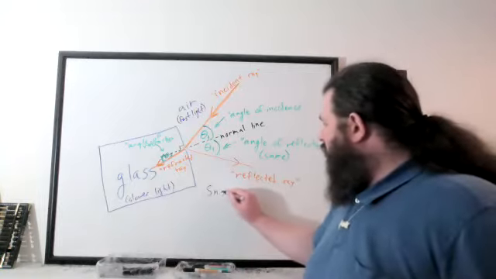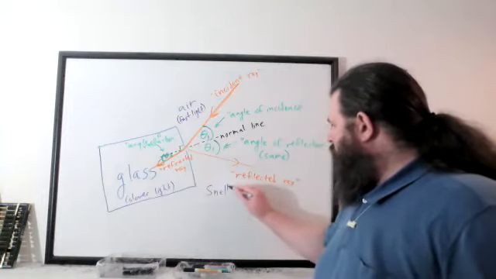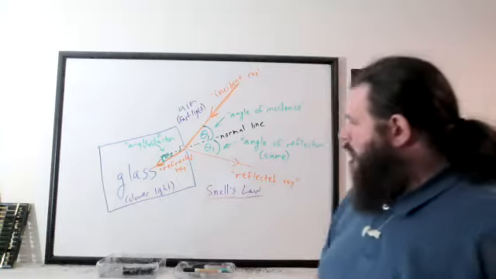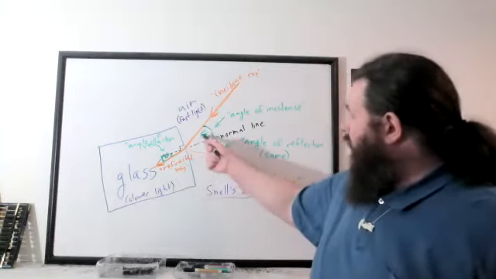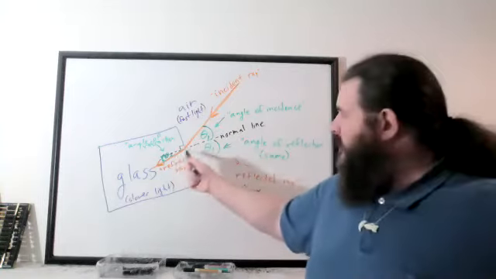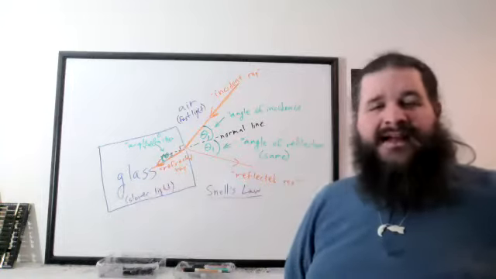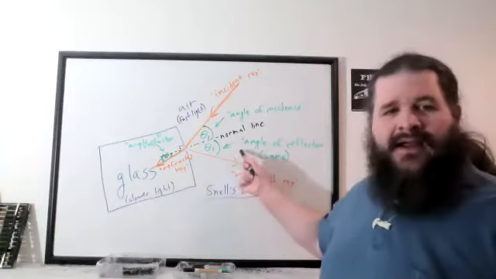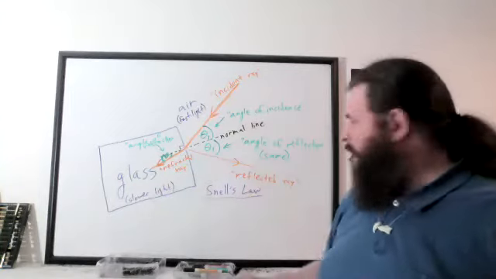Snell's law is relating theta 1, the angle of the incoming ray of light, and theta 2, the angle of the refracted ray of light. We don't have to worry about the reflected ray because we know that's going to be the same angle anyway.